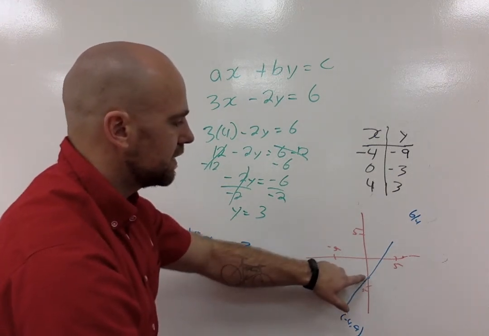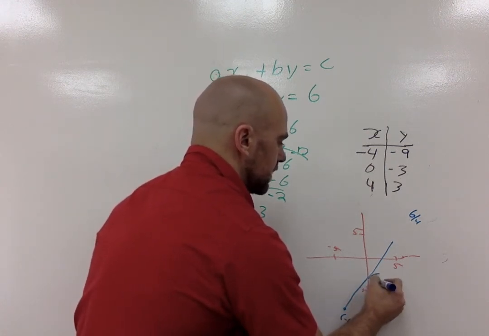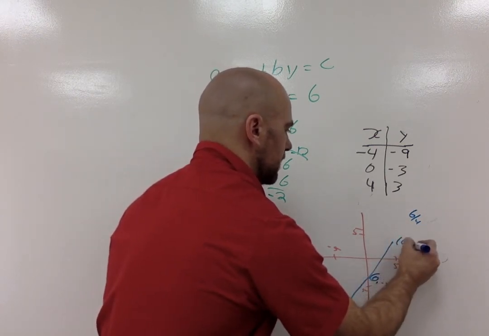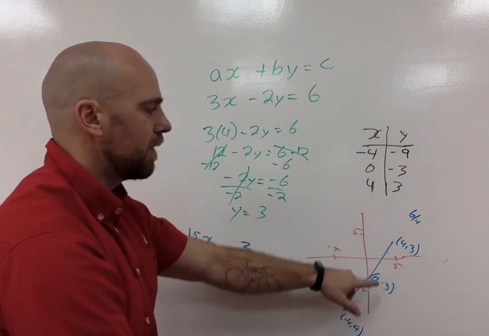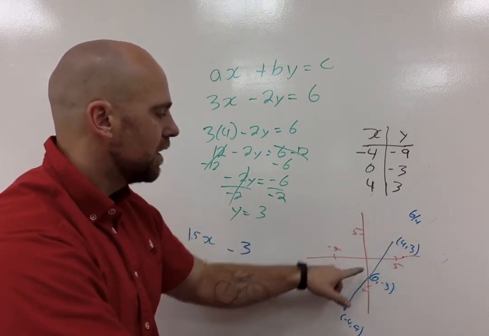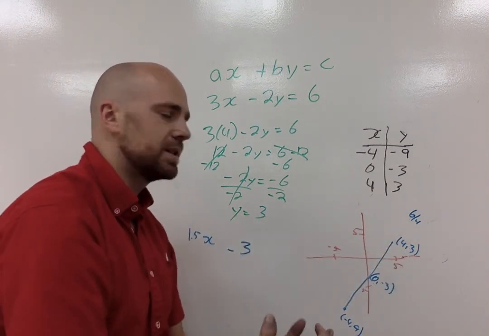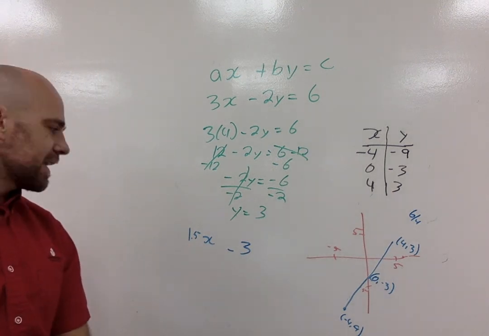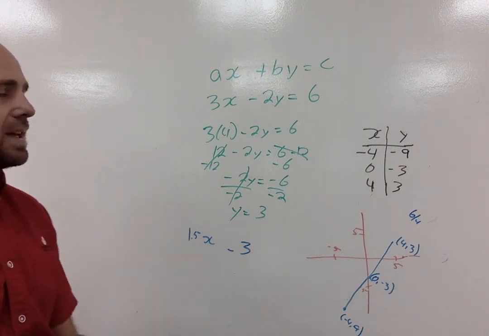I calculated the difference: here I've got 0 and -3, and here I have 4 and 3. I'm calculating the distance in the rise. -3 to 3 is a distance of 6 over my run, which is 4. So rise over run, simplified, gives me 1.5. So 1.5x minus 3. This expression is actually the same as this.